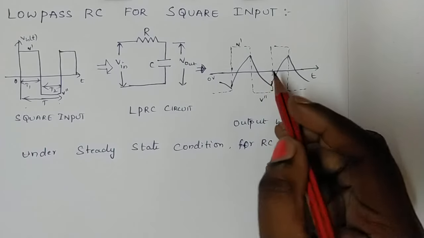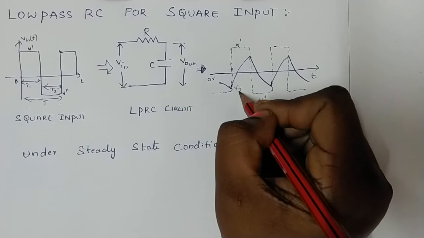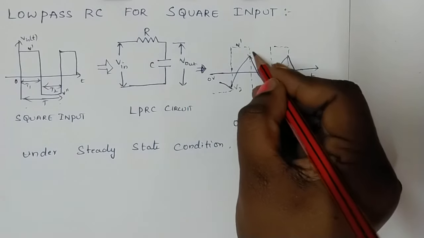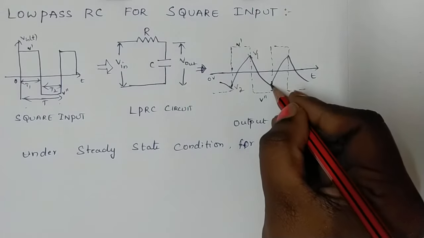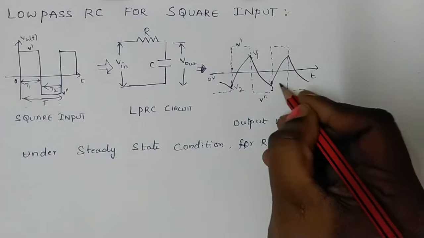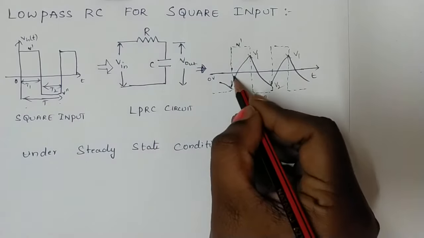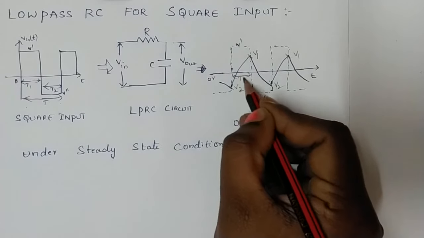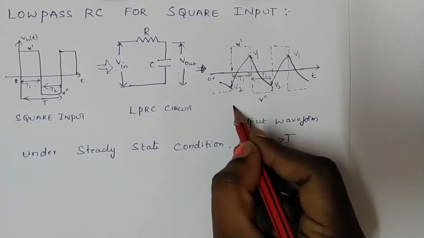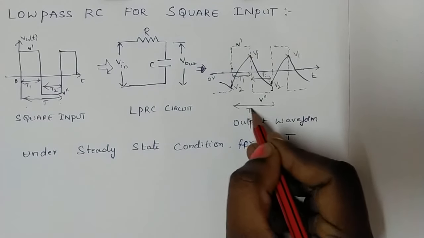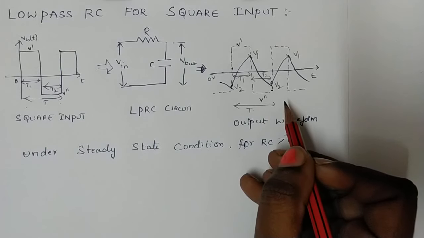This is labeled V2 and this one is labeled V1. Similarly, for continuous cycles it is the same, V2, V1. The time period is T1, the time period is T2, so the total time period is T.